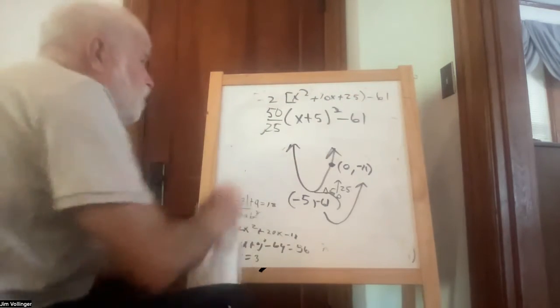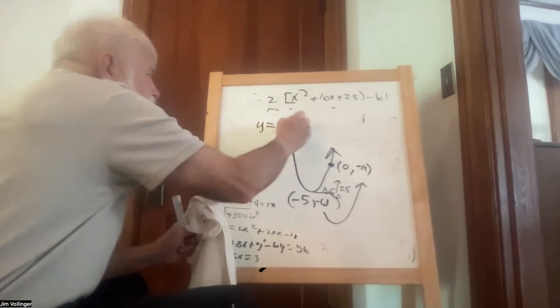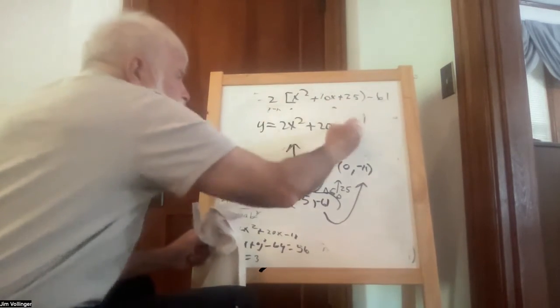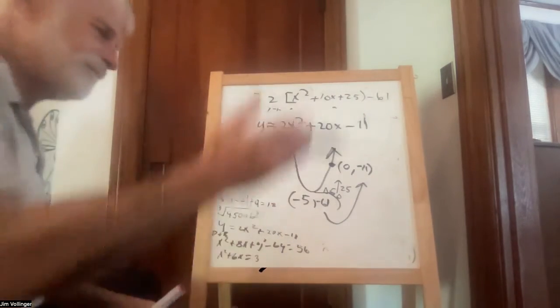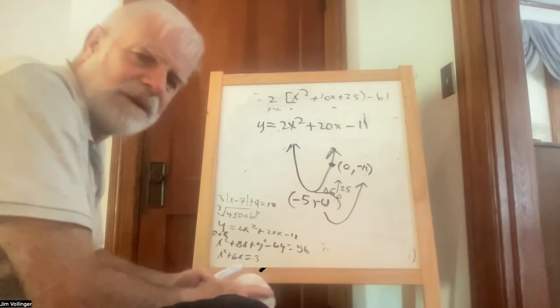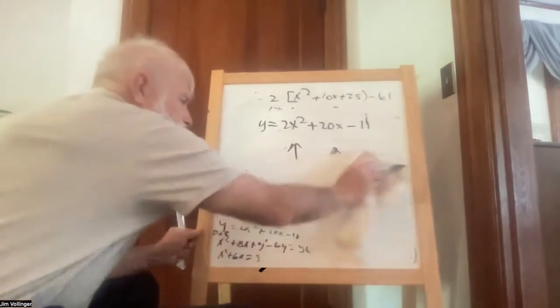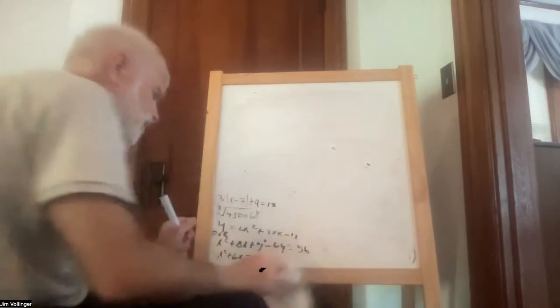And that should get us what we started with, which is y equals 2x squared plus 20x, 50 minus 61, minus 11. That's what we started with. So it's just kind of like rotating around. One thing leads to another, and going the other direction brings you back to where you started from. And I'm hoping that that's starting to make more conceptual sense as well as mechanical.